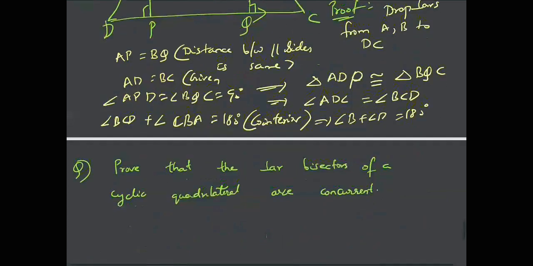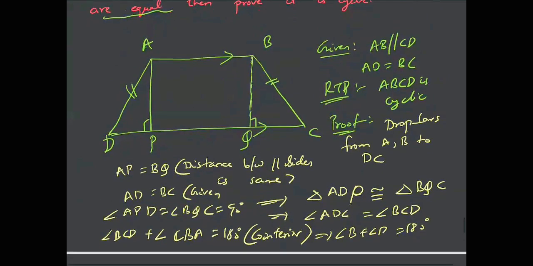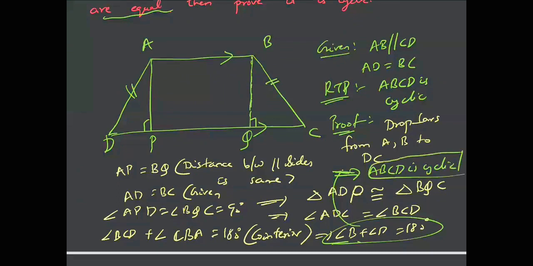So this means that finally I can say that this implies ABCD is cyclic. Since there is no space, I'm writing it here. Because the sum of opposite angles is 180, the quadrilateral is a cyclic quadrilateral.